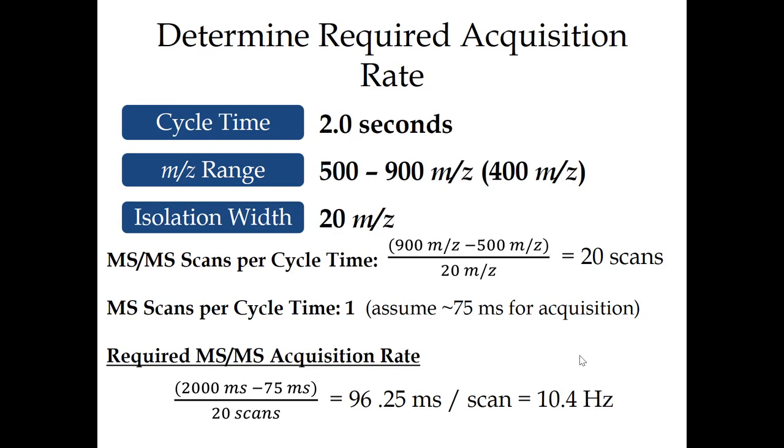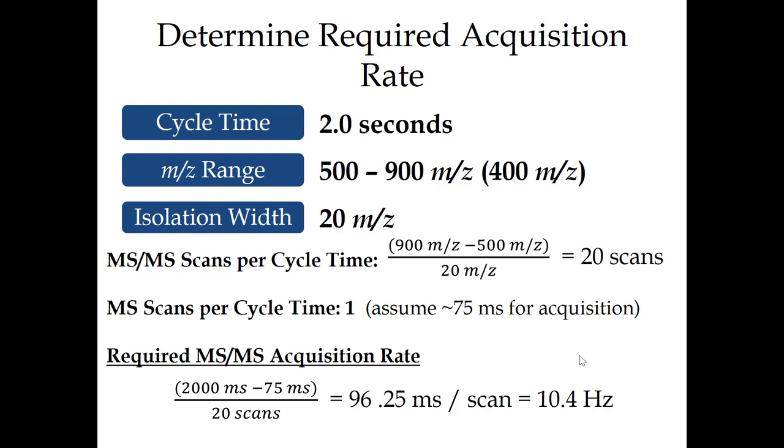So now just doing the math. You need a cycle time of 2 seconds. You're covering a mass to charge range from 500 to 900 MZ, and your isolation width is 20 M over Z. So you can calculate how many MS scans you're going to have per cycle. That's your mass to charge range divided by the isolation window width, so that's 20 scans.